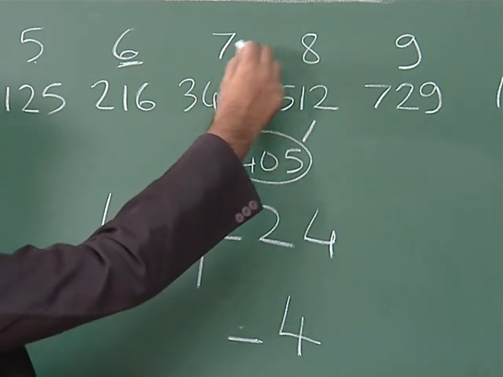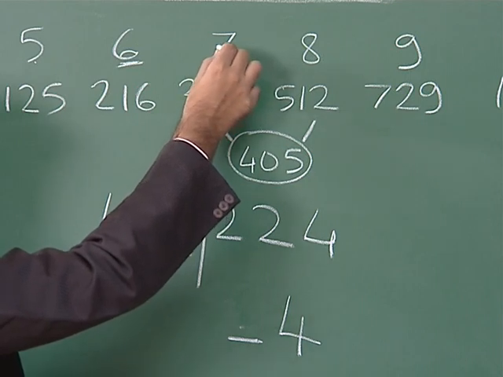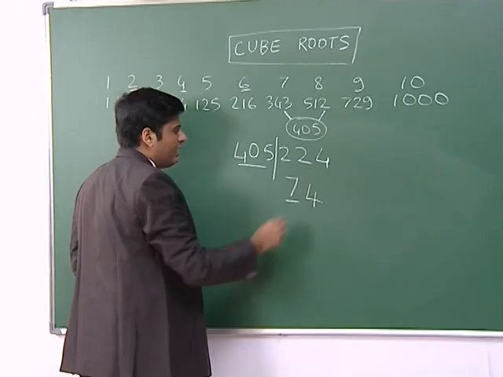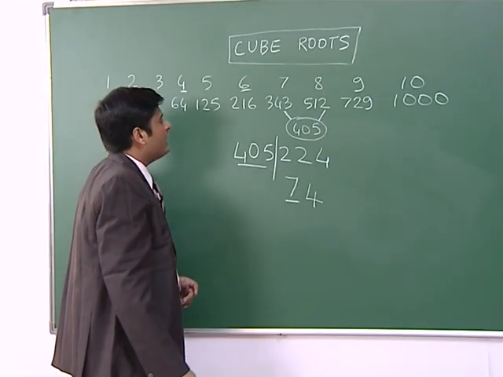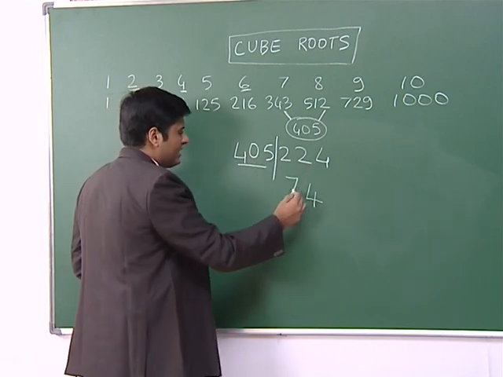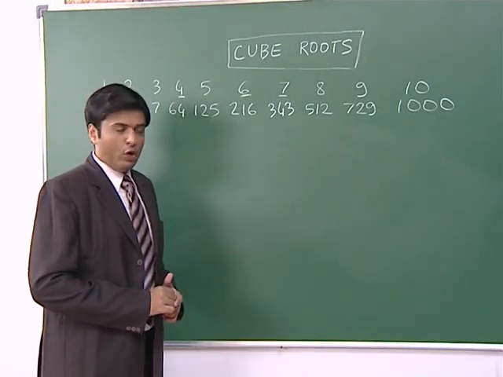We know out of 7 and 8 the smaller number is 7. So I take 7 from here and put it in the slash over here. My answer is 74. The cube root of 405224 is 74.